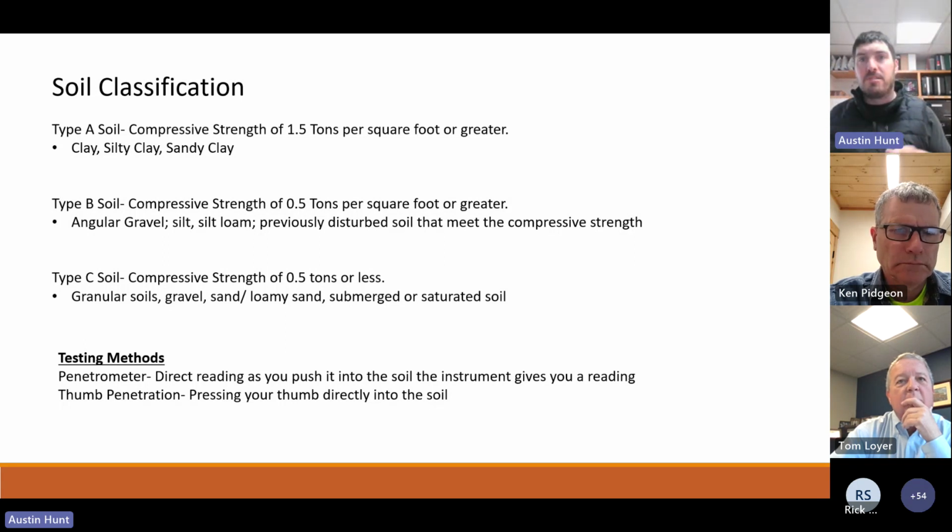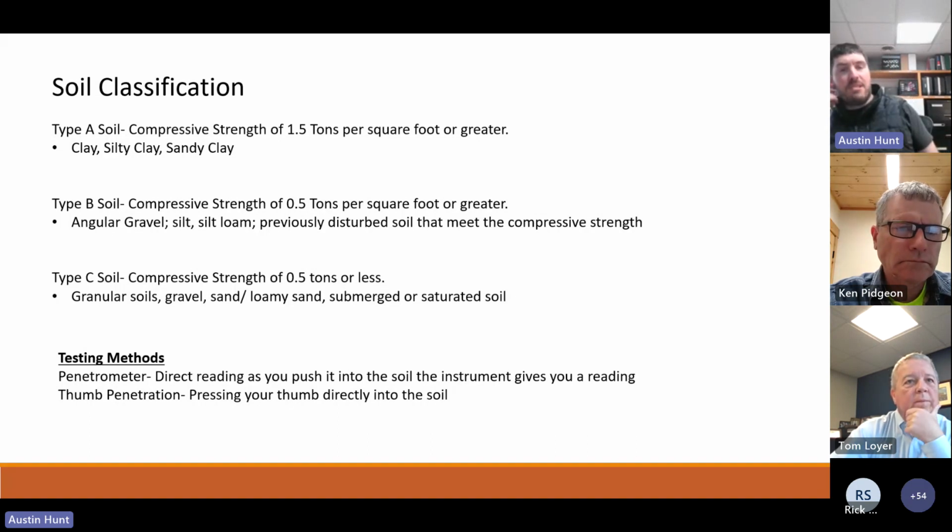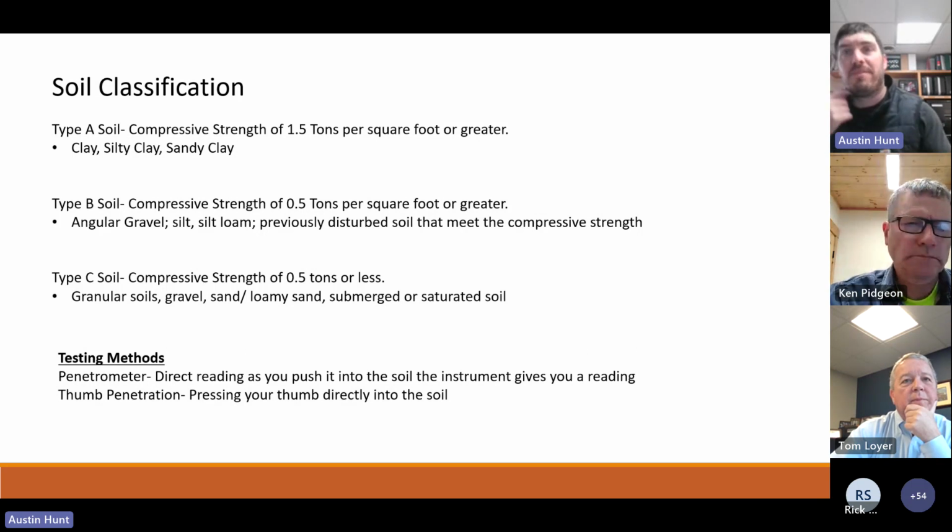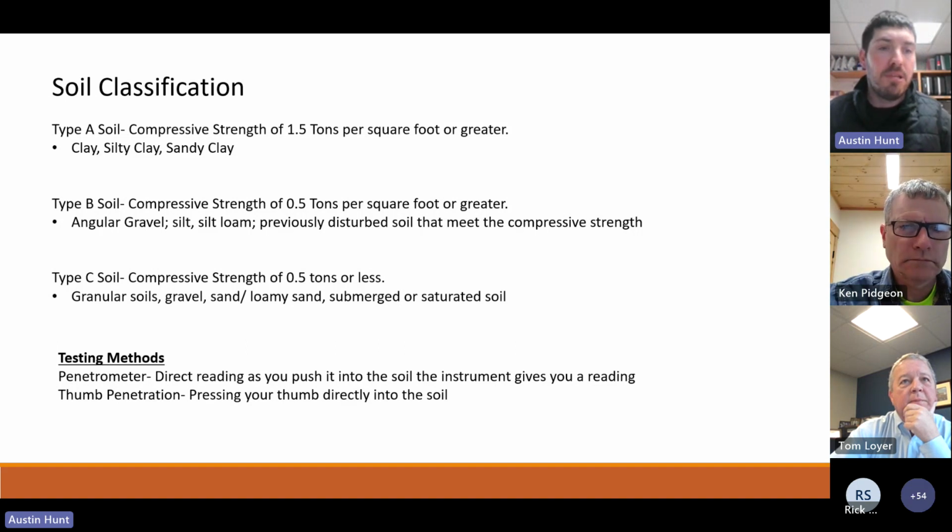It's got sharp edges, so it holds its shape pretty well. It holds a little more weight than the type C soil, which is anything less than 0.5 tons per square foot. This would be your round gravel, loose sand, loamy sand.